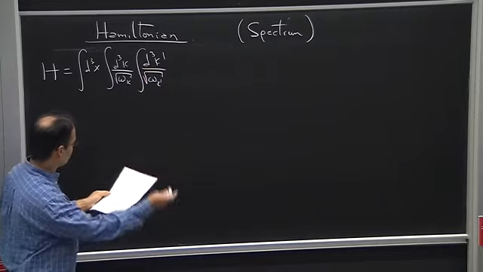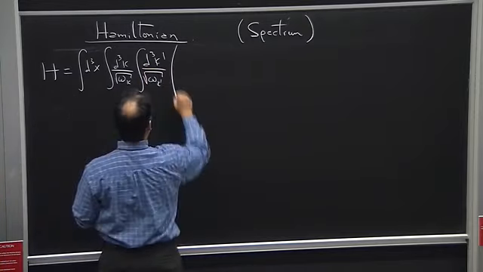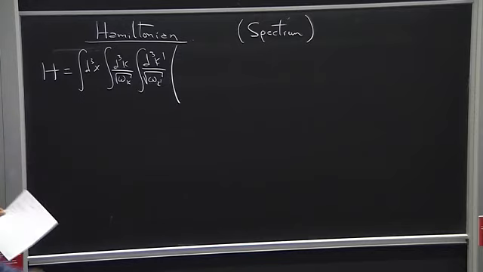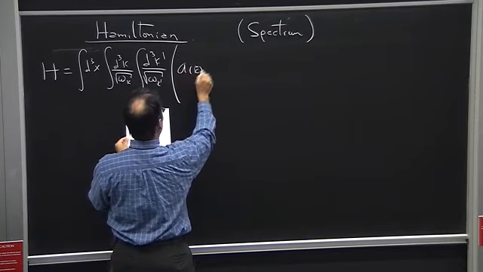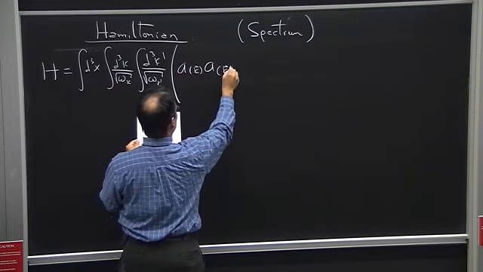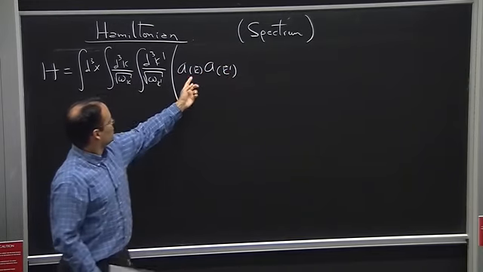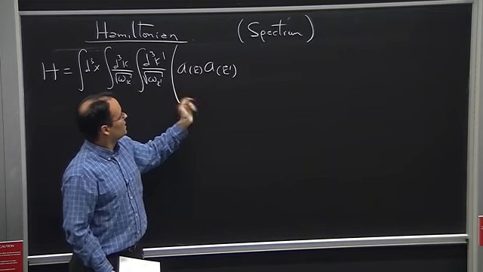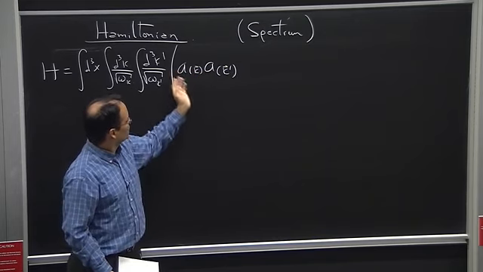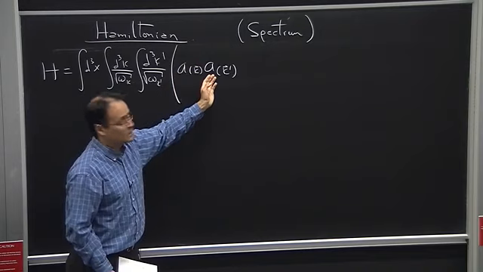And the same thing for all the rest. Now we're going to collect terms according to the factors of the operators a and a dagger. So the first class of terms will be of the form a times a.